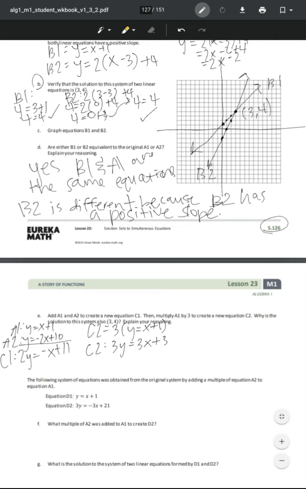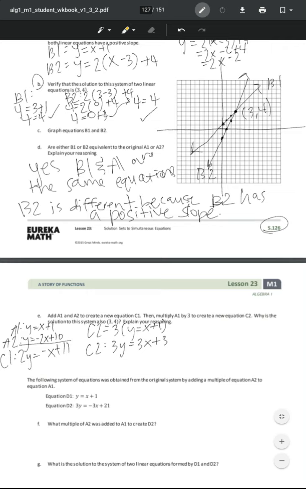So it says, why is the solution to this system also 3, 4? We know that for C2, the solution to the system is 3, 4, because when A1 is multiplied by 3, we did not create a new equation, we just created a multiple of the equation. Also, for C1, the same concept.